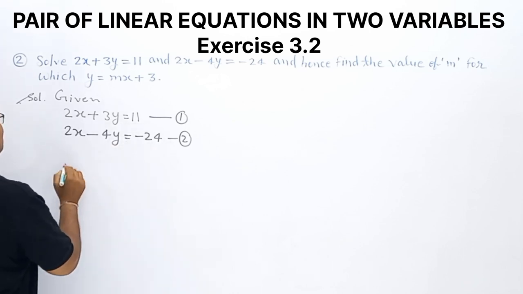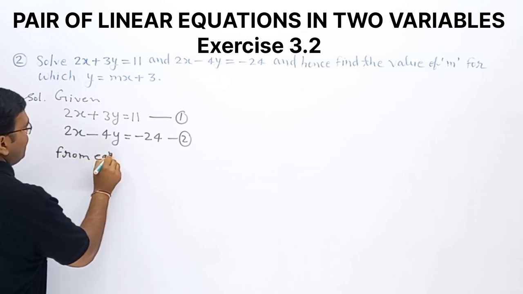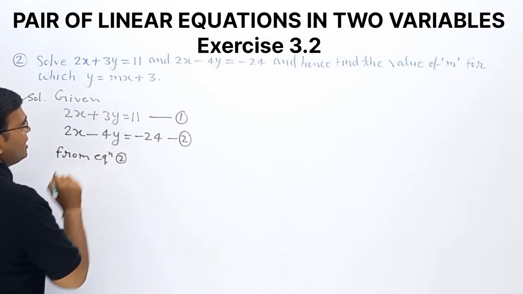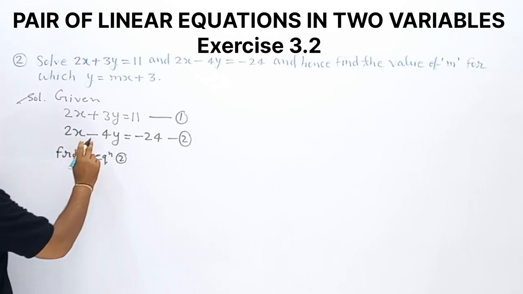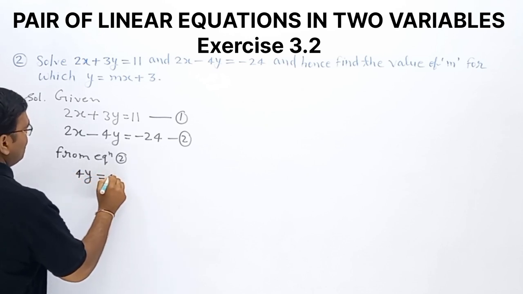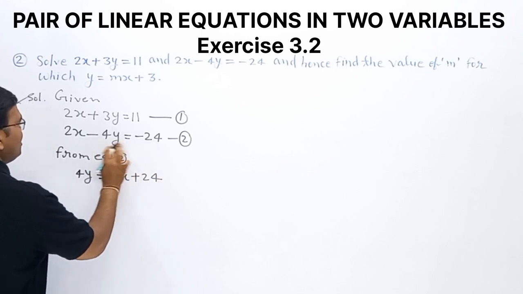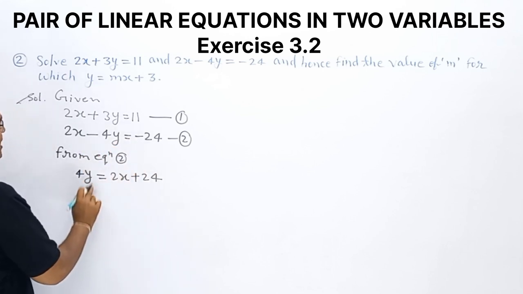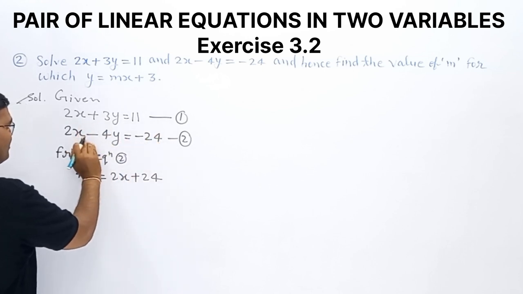From equation 2, I am using the substitution method. From equation 2, I am solving for y. So 4y will be 2x plus 24. I am transposing this towards the right and this towards the left and interchanging.